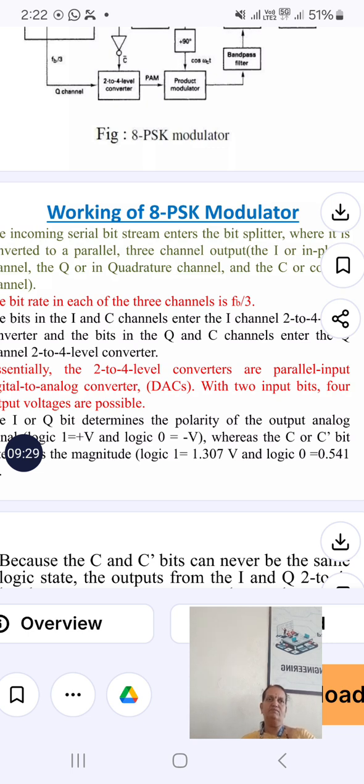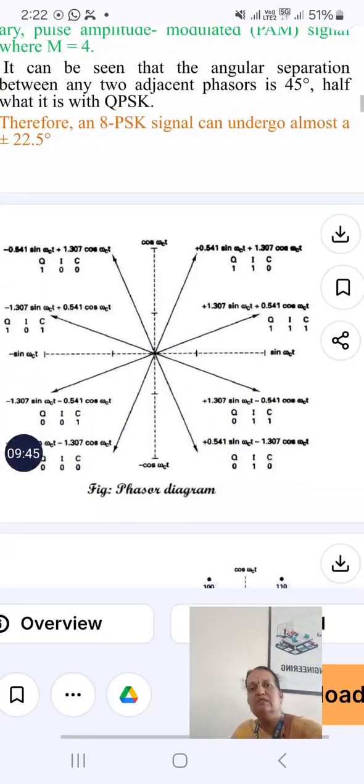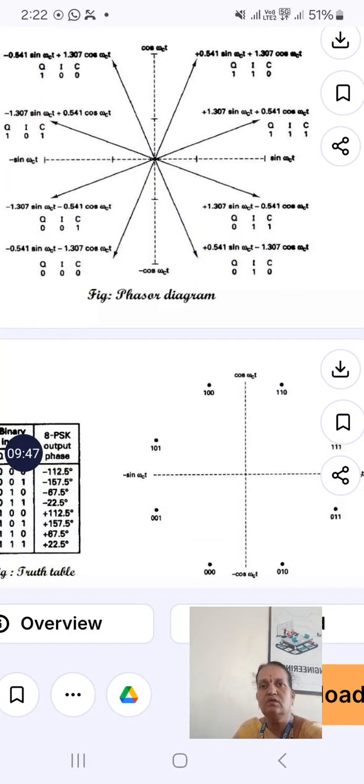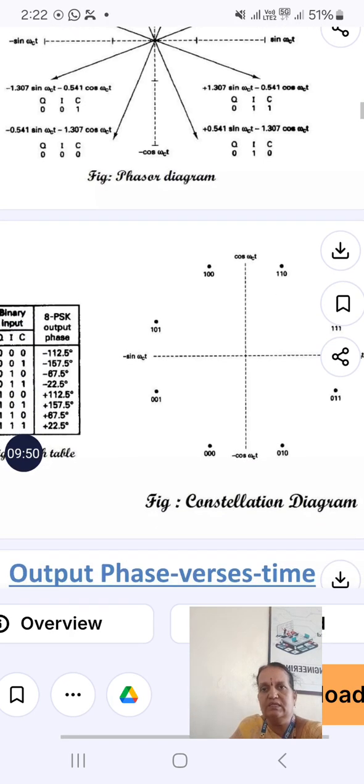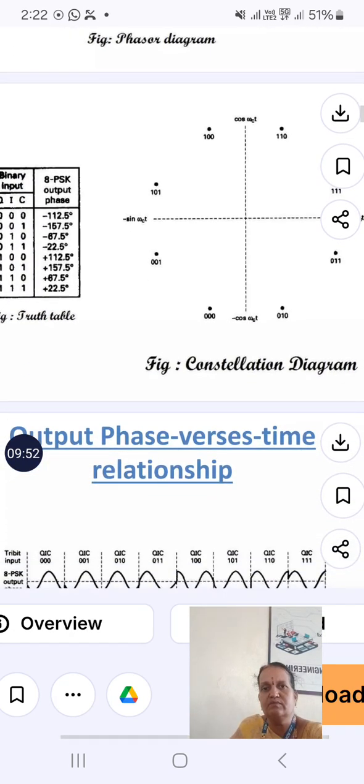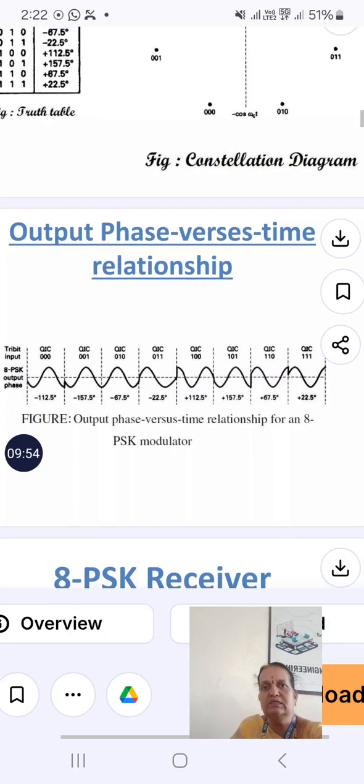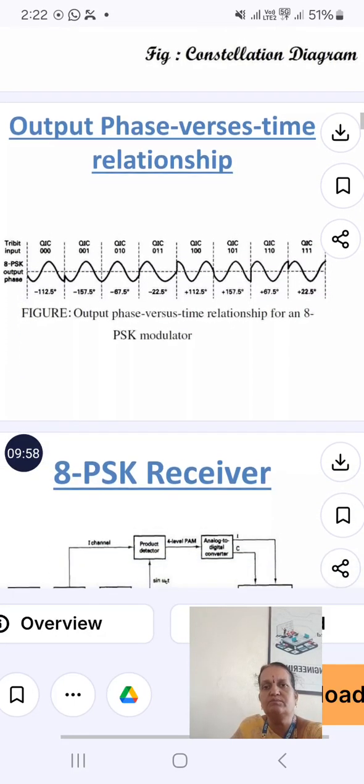So based on that we have 4 combinations. Similarly for the voltage levels, 1.307 will have plus or minus, and 0.541 will have plus or minus. In this way, 4 different phasor values are generated, and that is the constellation diagram for this. In this way the phase varies with the time relationship.